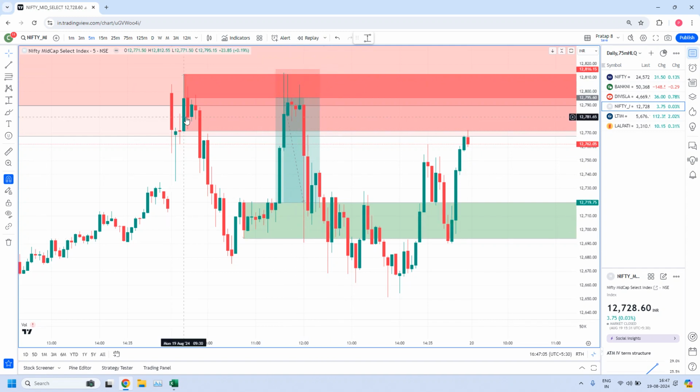Even with price action, as I recently explained, while placing orders based on price action, you can take the entry. See here, a little above this candle, prices went and again came down. That point you also have to observe.